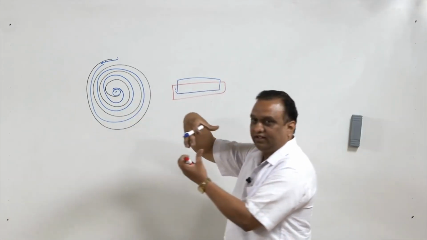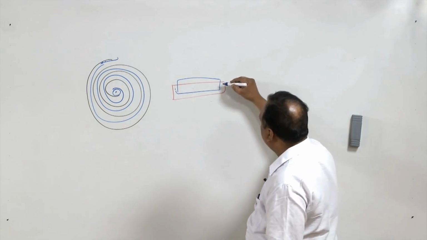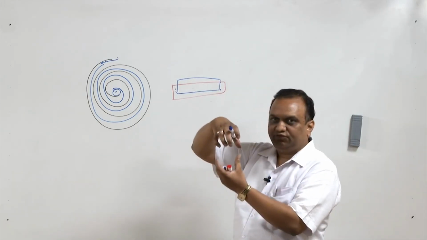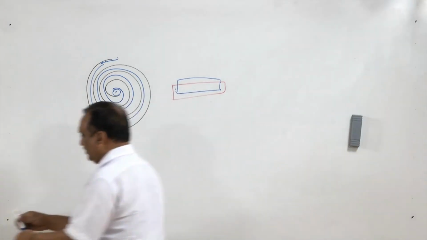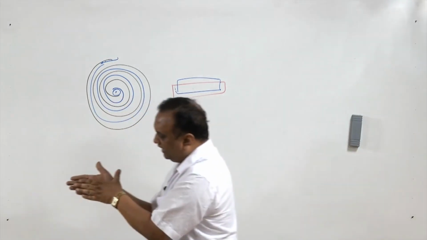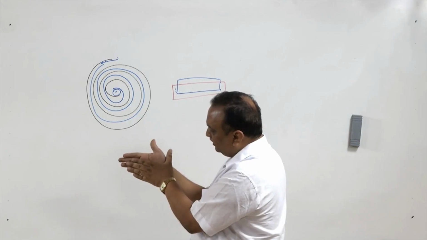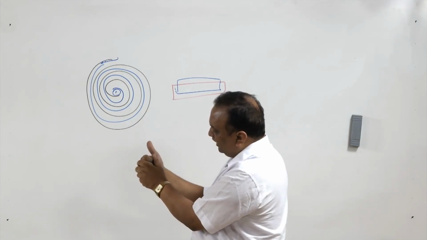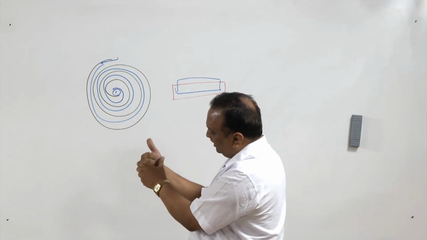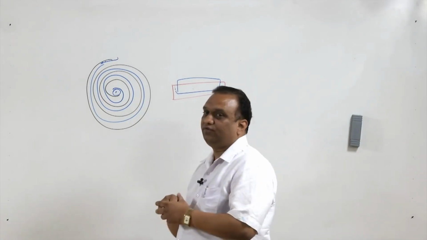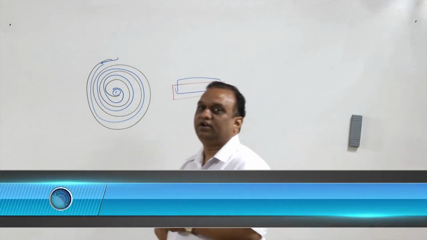One is fixed and the other is moving. If I change the overlapping of these two spirals, the distance between them, that can also be used for controlling the mass flow rate through the system.